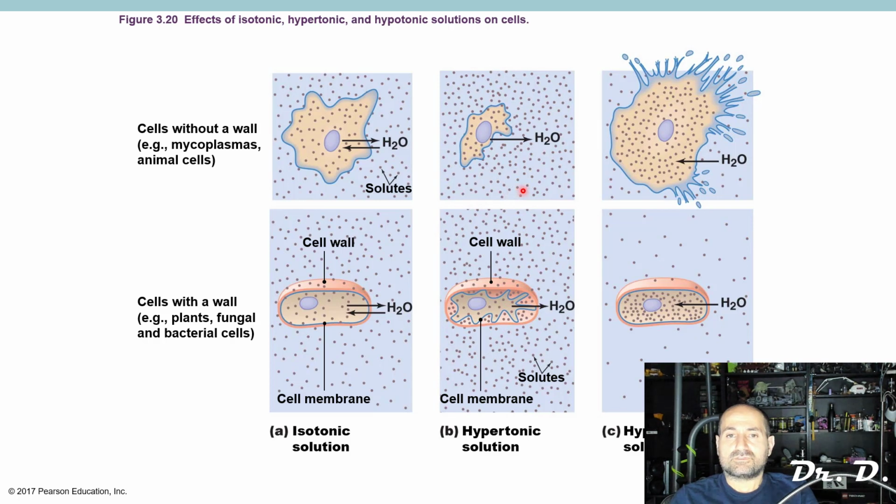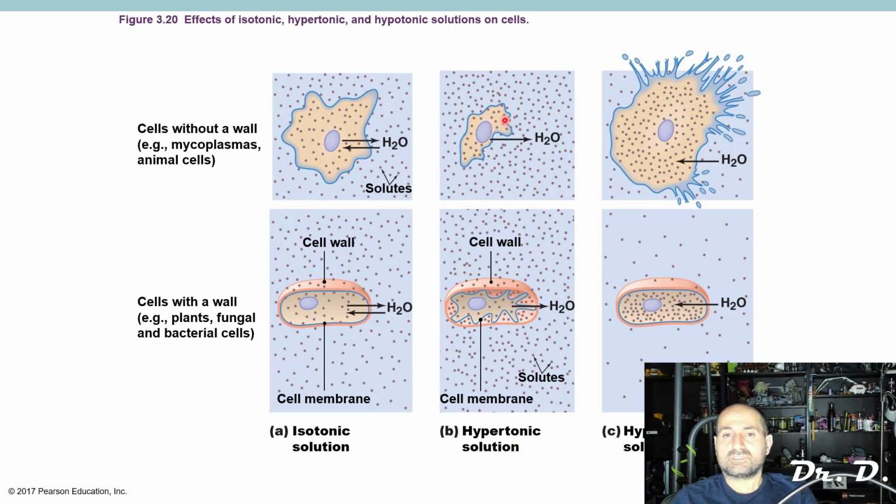A hypertonic solution is where the solute concentration outside is far greater than the solute concentration inside the cell. So let's say I took a human cell and placed it in very high salt water. That would be the example of a hypertonic solution.